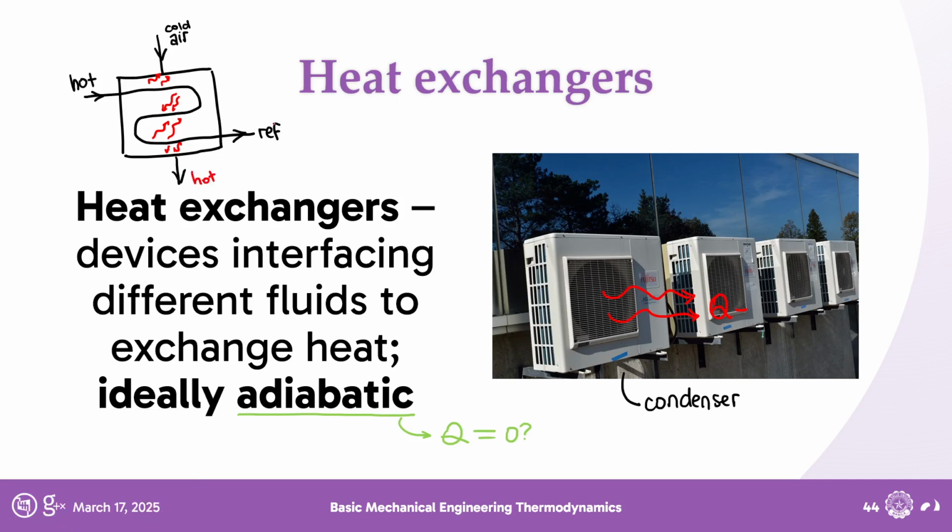And then the refrigerant, because it has now dumped all of its heat into the air, will become colder. And so as a result, cold air comes in, hot air comes out. Hot refrigerant comes in, cold refrigerant comes out. And so basically, this is the inside of a heat exchanger.